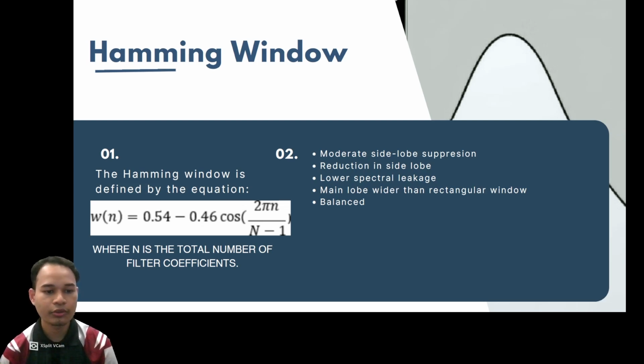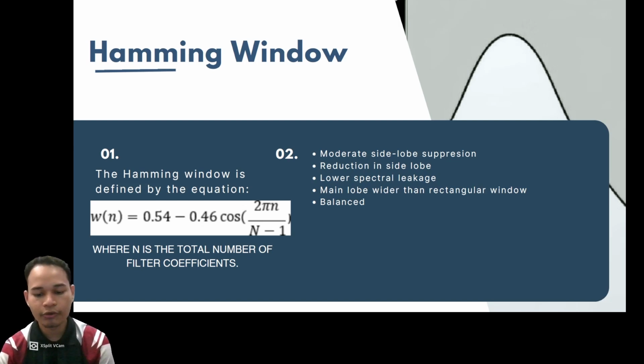The Hamming window is defined by the following equation, where N is the total number of the filter coefficients. Next, the Hamming window is a function that has a moderate side lobe suppression. This reduction in side lobes leads to lower spectral leakage, which improves the accuracy of the frequency analysis.